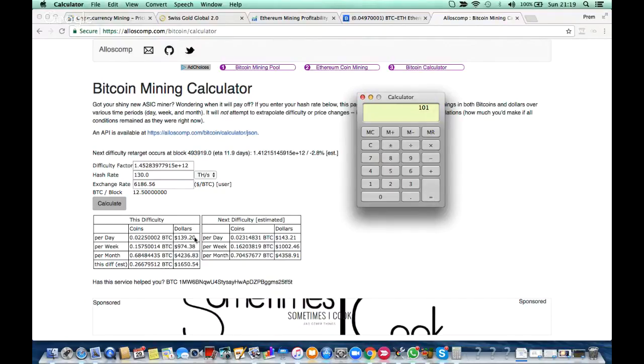So to get roughly $101 net in my wallet every single day, that you can then take to the ATM and put your Bitcoin debit card, it's kind of a preloaded Bitcoin card, you can stick it into the ATM and get your $100 a day out. And if that's what you want to do, you need 130 terahash per second.